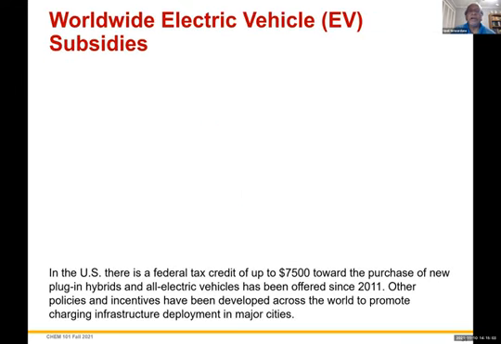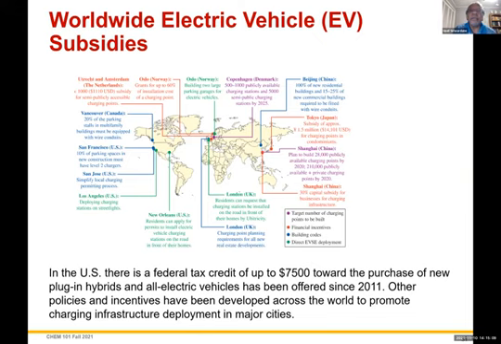Worldwide electric vehicle subsidies. If you look at subsidies, there are many countries that subsidize use of electrical vehicles worldwide. I cannot read this, it's too small, but if you look at the US, there is a federal tax credit for up to $7,500 toward the purchase of a new plug-in hybrid. All electrical vehicles have been offered since 2011.